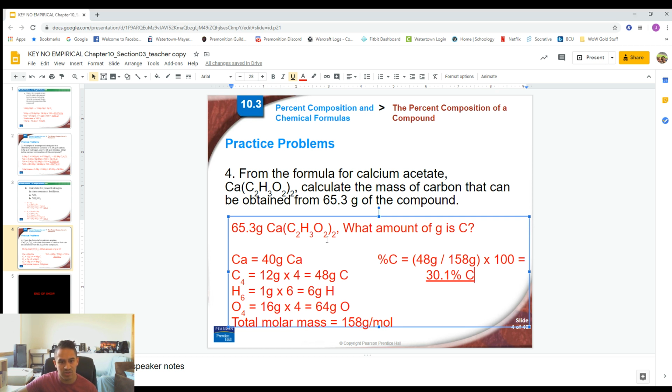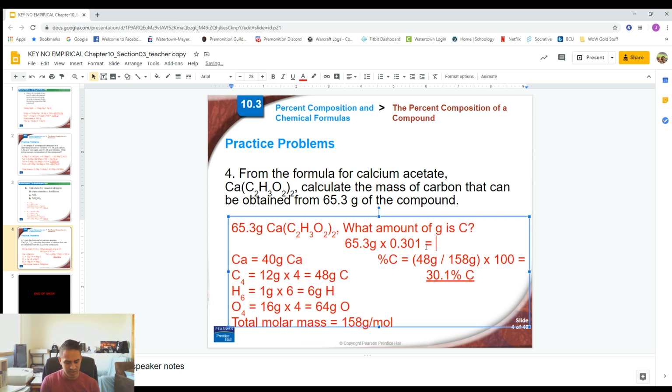So of the 65.3 grams, we're going to apply that 30.1%. And to do that, we're going to take 65.3 grams times the 30.1% as a decimal. So that is going to be 0.301. Okay, so to turn a percentage into a decimal, we just move that decimal point 2 places to the left. So 30.1, we're going to move that over to make it 0.301.